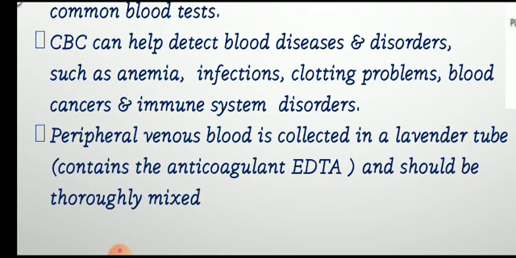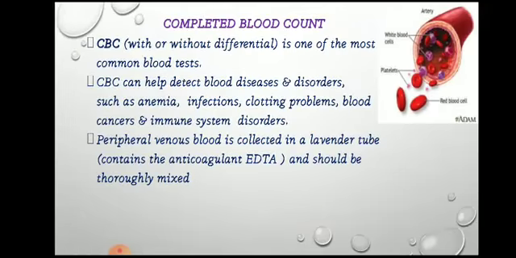The peripheral venous blood is collected in a lavender tube which contains an anticoagulant called EDTA and should be thoroughly mixed. That is simply the procedure while collecting or after collecting the sample. Those should be put into this collector, called the peripheral venous blood collector, or the tube used is called the lavender tube.